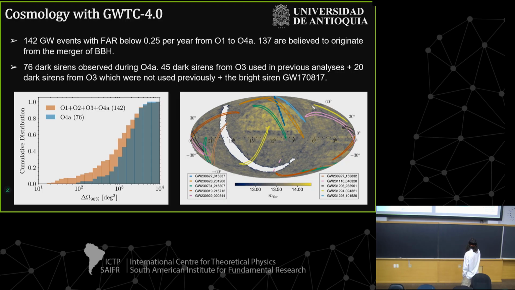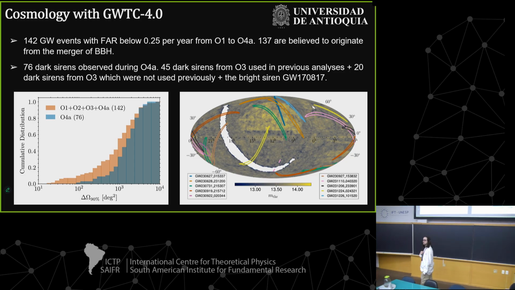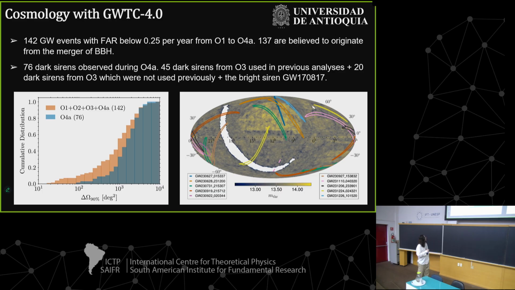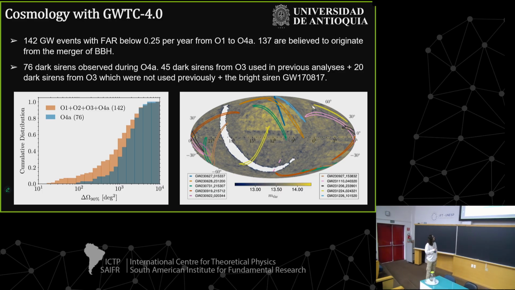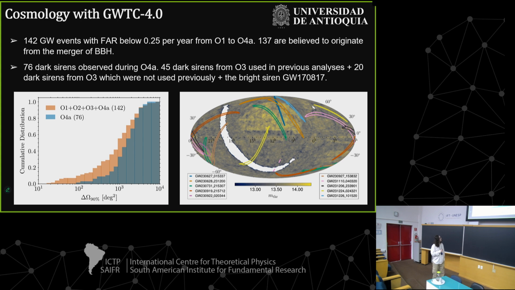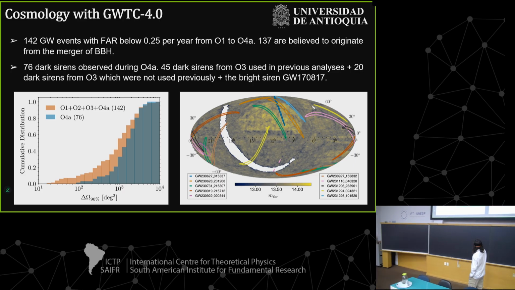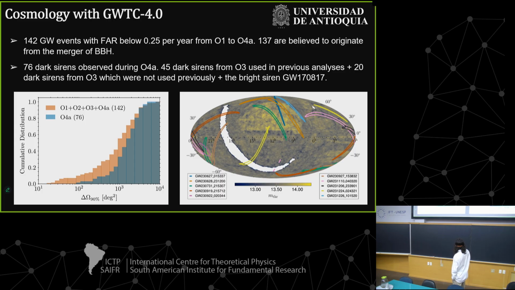And we have also the bright siren event included in this analysis. This plot here shows the cumulative distribution of the O1, O2, O3, and O4A events, and also the O4A events separately, as a function of the 90% region of the sky area of each event. So as you can see here, the localization of some O1, O2, O3 events is better than for O4A.